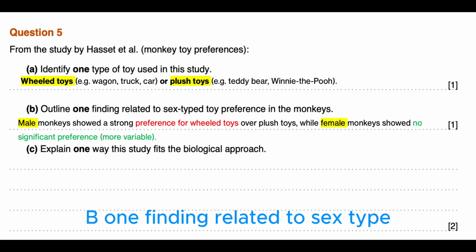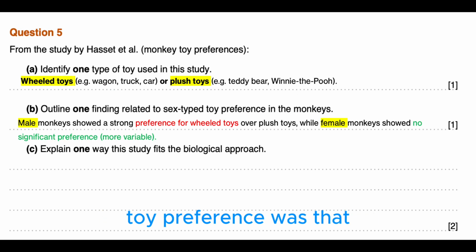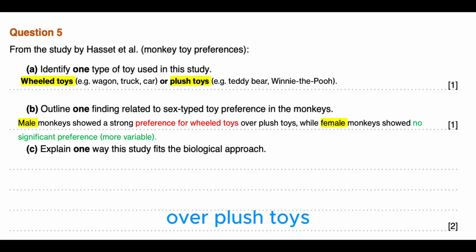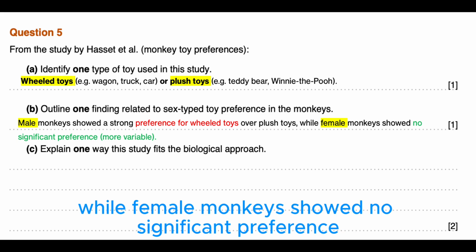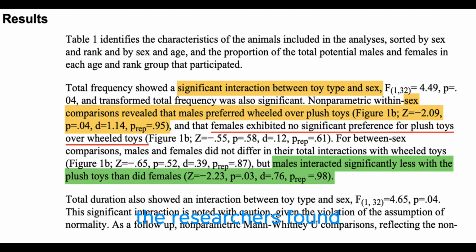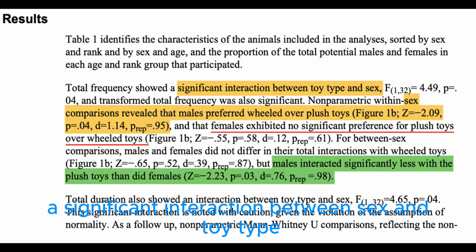B. One finding related to sex type toy preference was that male monkeys showed a strong preference for wheel toys over plush toys, while female monkeys showed no significant preference. This comes directly from the results section. The researchers found a significant interaction between sex and toy type.